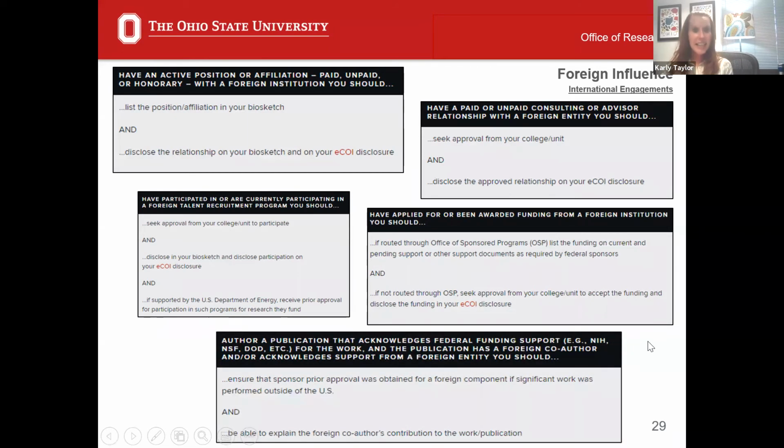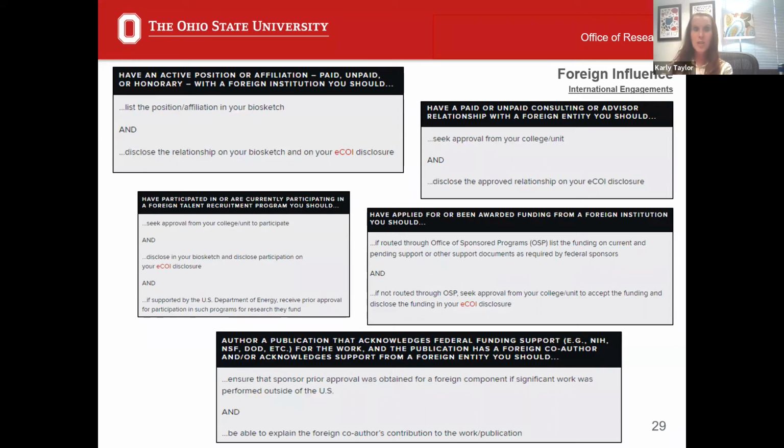And NIH has taken a really big interest in this bucket. If you are an author on publications and you're citing federal funding and you co-author with any foreign collaborators and they are citing foreign funding, you need to ensure that, if this was from an NIH project, the work your collaborator was doing was not done outside of the US.